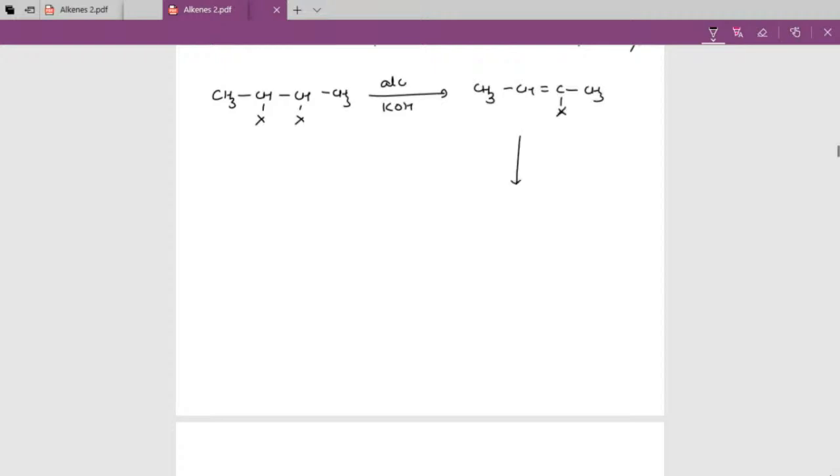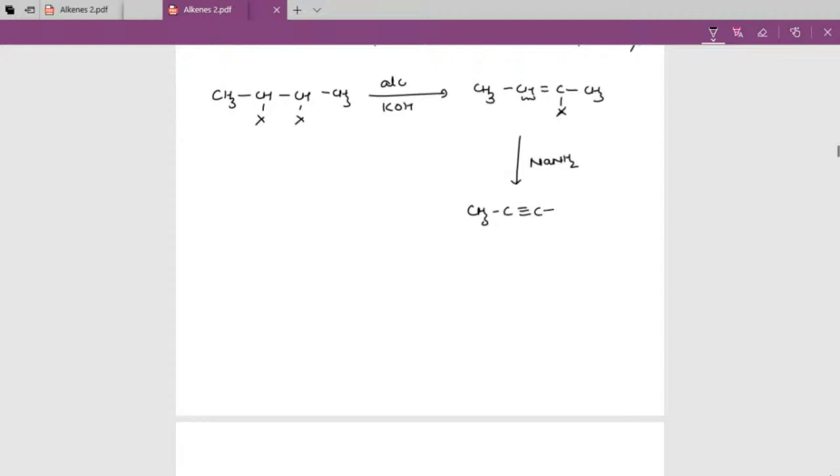Now for the next step, you have to remove this vinylic H. So for the second step, I would prefer NaNH2 because NH2- is a stronger base than alcoholic KOH. Then my answer will be alkyne formation.